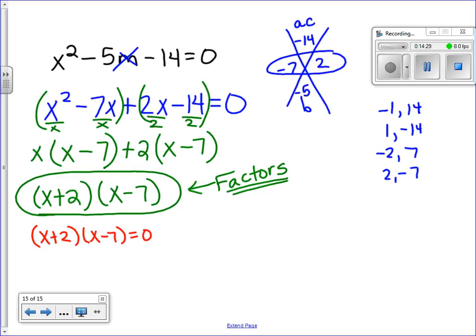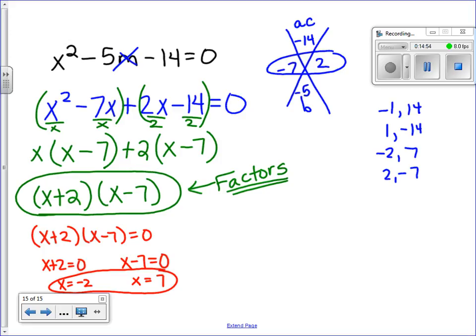See, I did the work without the 0, but there's one there. That means that x plus 2 equals 0, or x minus 7 equals 0. So x is negative 2, x is a positive 7. Those are our x-intercepts, right there. Negative 2, positive 7.